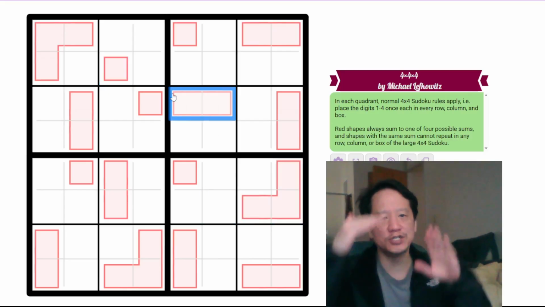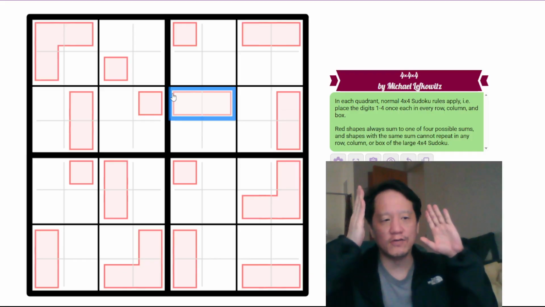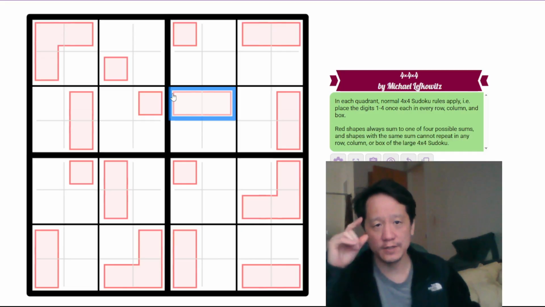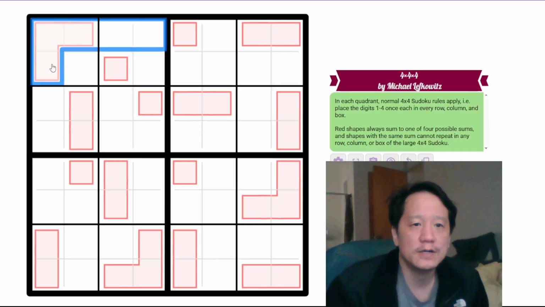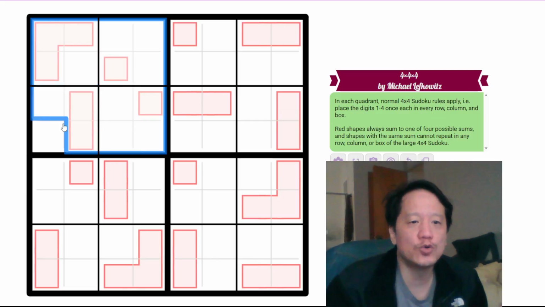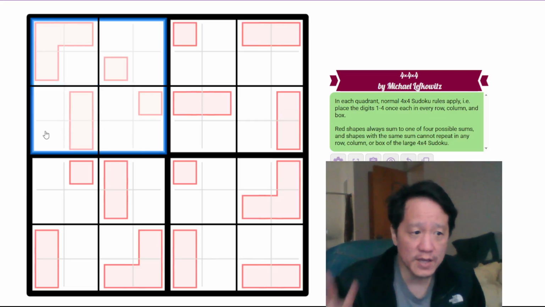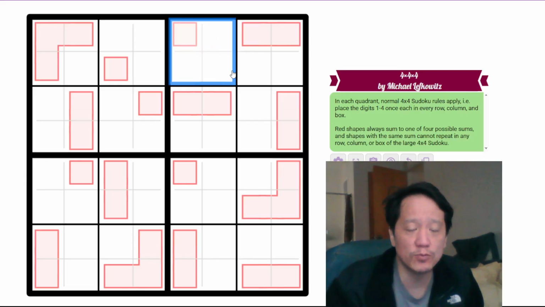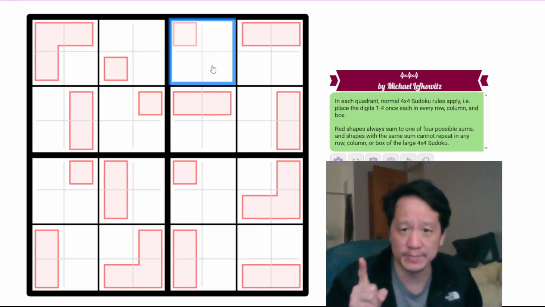So imagine essentially you have normal 4 by 4 Sudoku in each quadrant, and there are 4 quadrants. And for each 2 by 2 box, there is a red shape which sums up to a sum.